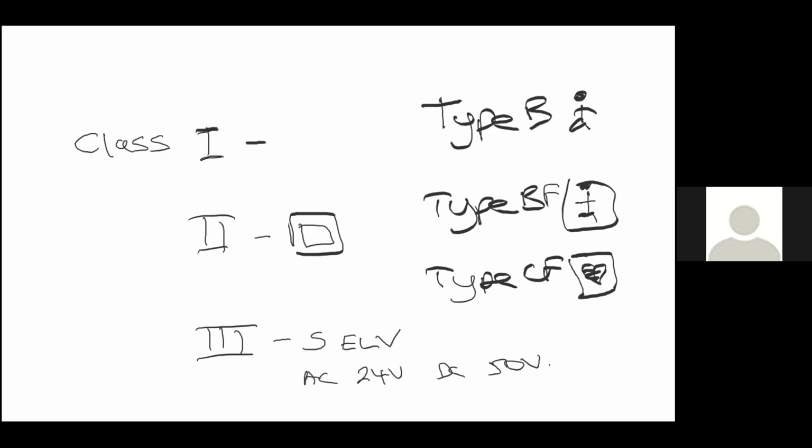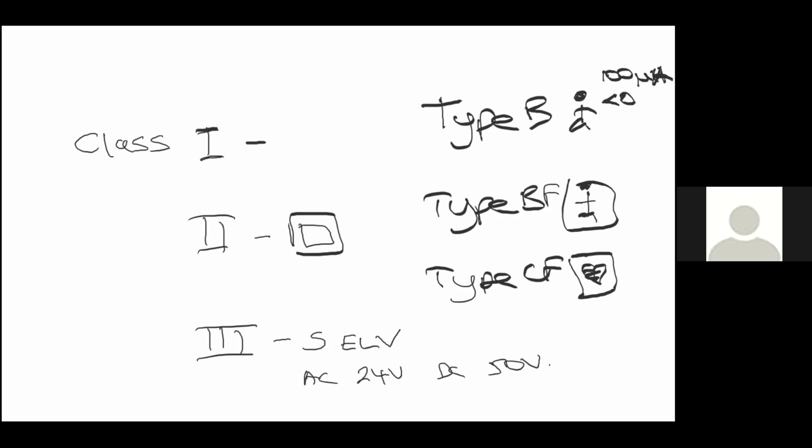So type B, the minimum leakage current is less than 100 microamps. And it's safe for connection to the body surface, but isn't safe for connection to the myocardium.